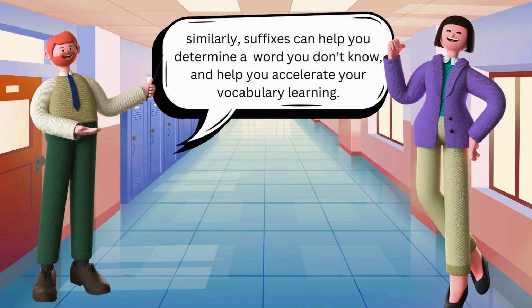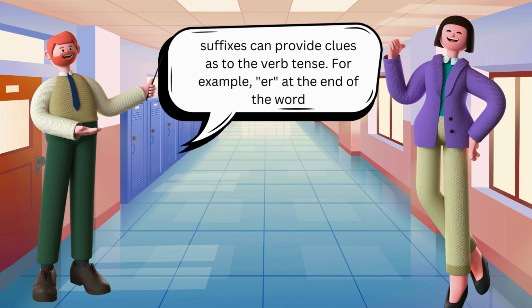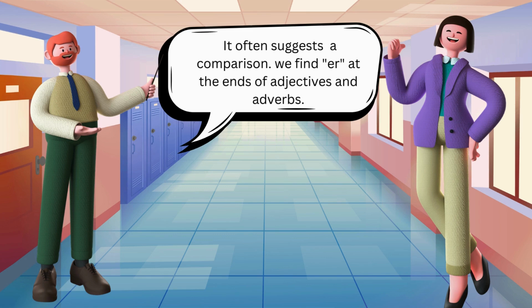Similarly, suffixes can help you determine a word you don't know and help you accelerate your vocabulary learning. A suffix is a letter or group of letters added to the end of a word. Suffixes can provide clues as to the verb tense. For example, er at the end of a word often suggests a comparison.